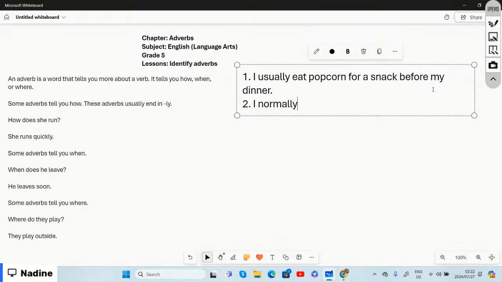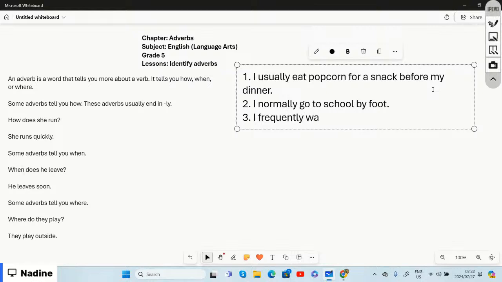You can say I normally go to school by foot, meaning you walk to school. We can say I frequently watch TV series or movies, meaning it often happens, right?